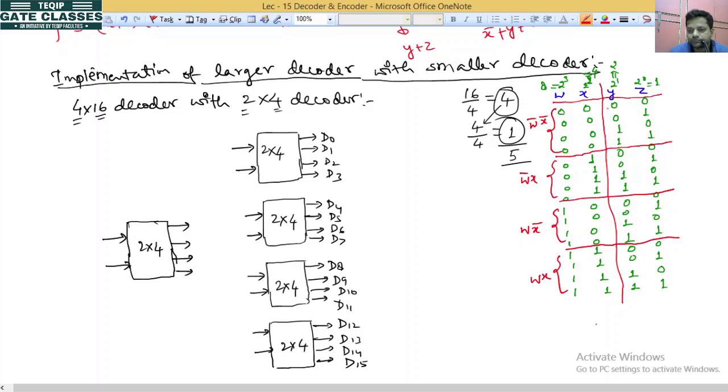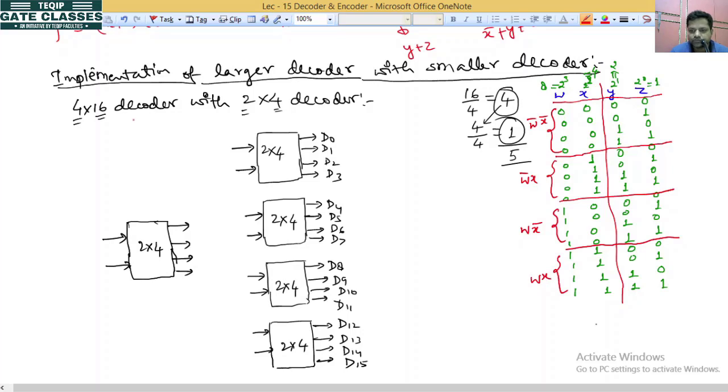Now if you see here, for these first four combinations, the value of wx is 0 0, so we can write it as w bar x bar. For the next four combinations, the value of wx is 0 1, so you can write it as w bar x because of the min term. Now for the next four we have again w x bar, and for the last four the value of wx is 1 1, so it can be written as wx.